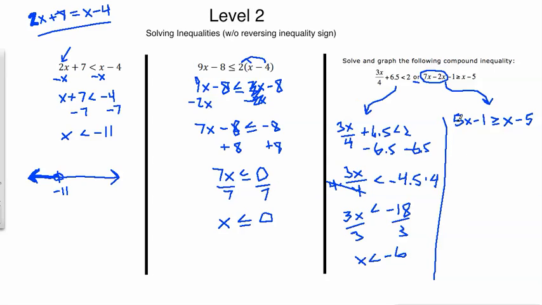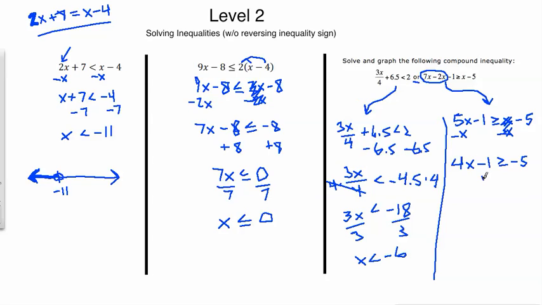Then we need to bring the smaller x over to the side with the bigger x, so subtract x. Then we have 4x minus 1 is greater than or equal to negative 5.